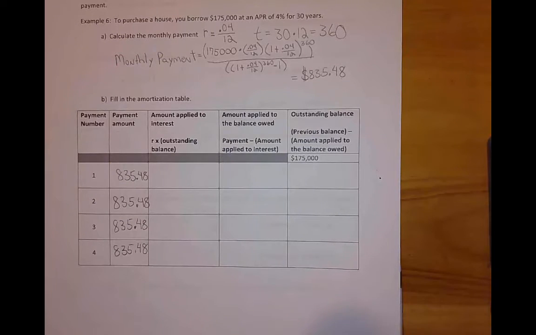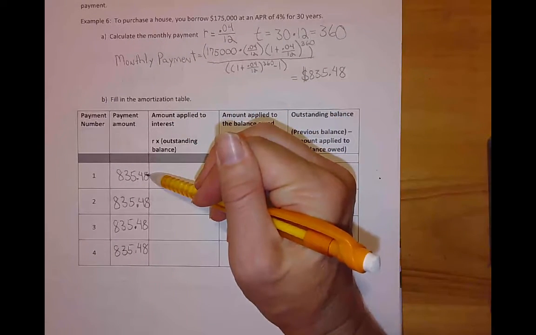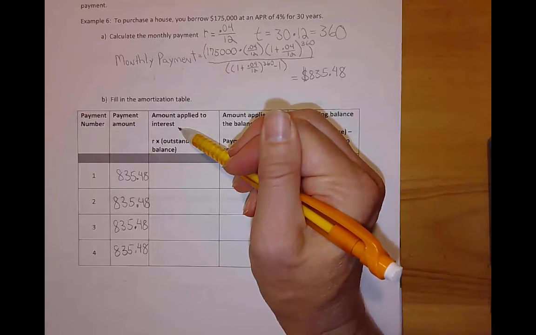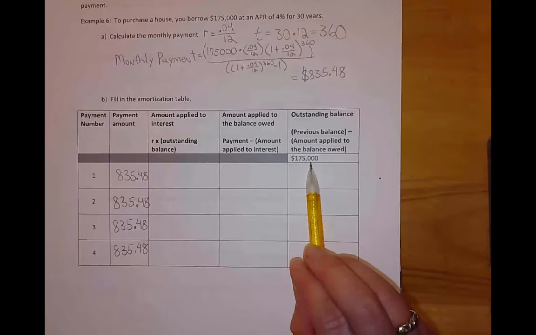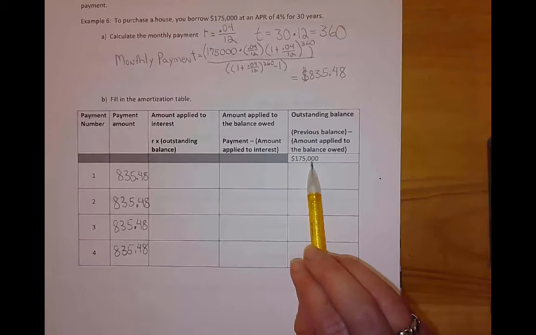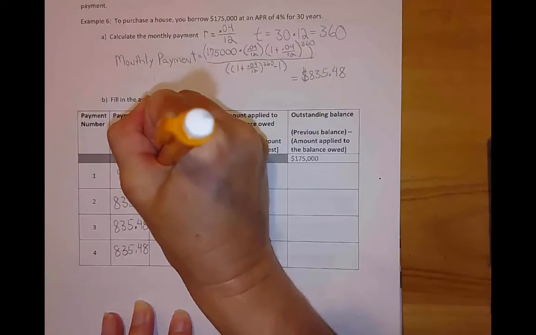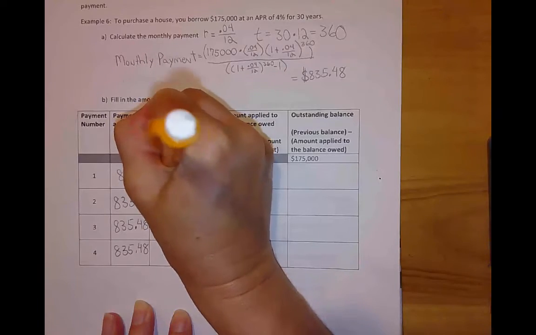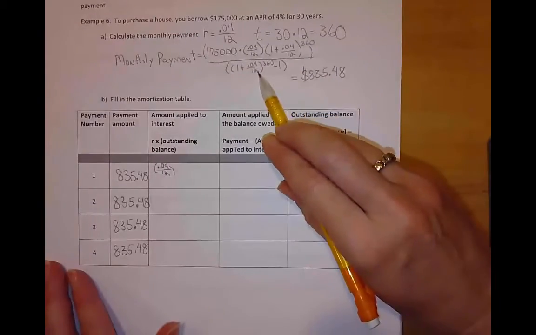Okay, next, I need the amount of the payment that is applied to interest. Well, we pay interest on our outstanding balance. And so we need to take the monthly interest rate and multiply that by our outstanding balance. Our monthly interest rate is 0.04 divided by 12. We talked about this way up here.